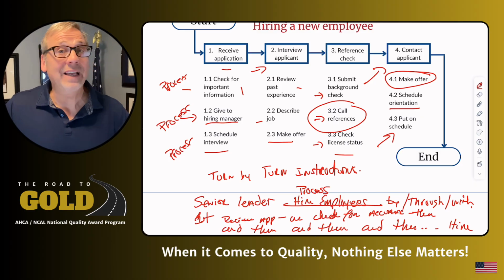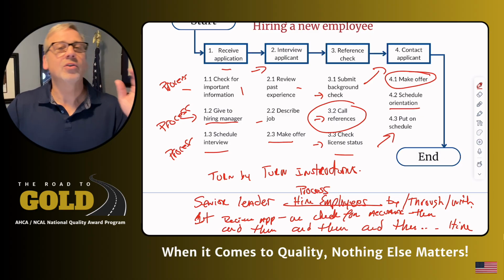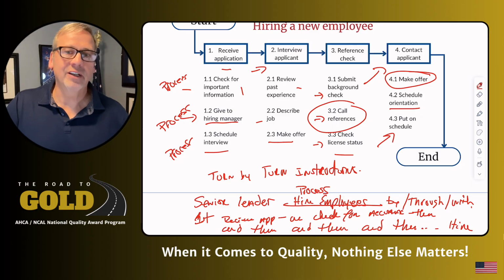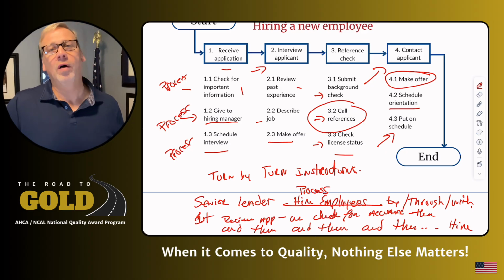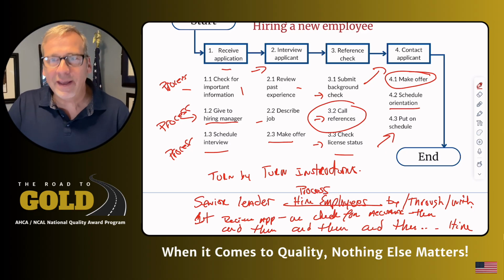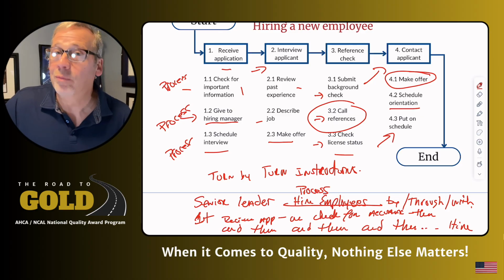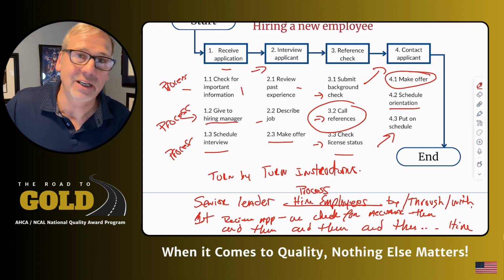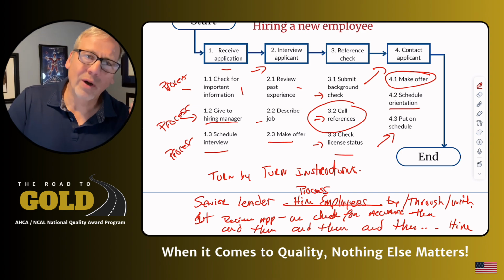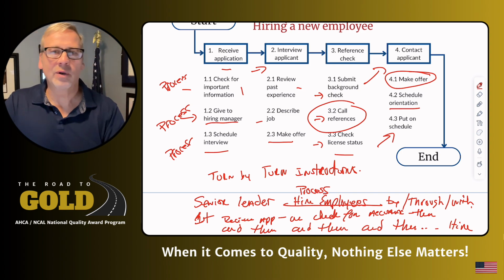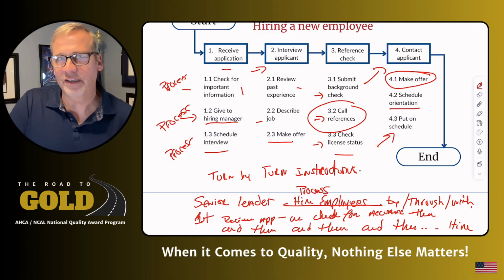And then if we like them and they like us, we make a job offer. And if they accept the job offer, we submit a background check. We call references and we check to make sure that their license status is in good order. If all that comes back really well, then we call the applicant, we remake the offer, say, good news, can't wait to have you start working with us. We schedule them for orientation, and then once orientation is over, we put them on the schedule.